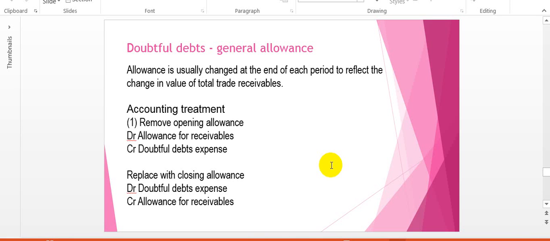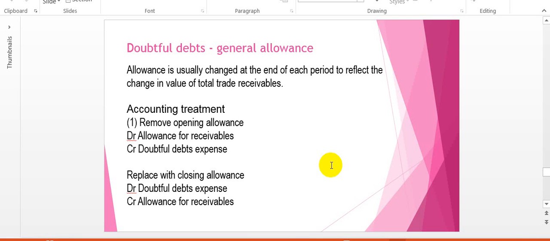Since this is not to a specific customer but to the percentage applied to the total trade receivables after writing off bad debt expenses and specific doubtful debts, the accounting treatment will be to remove the opening allowance.